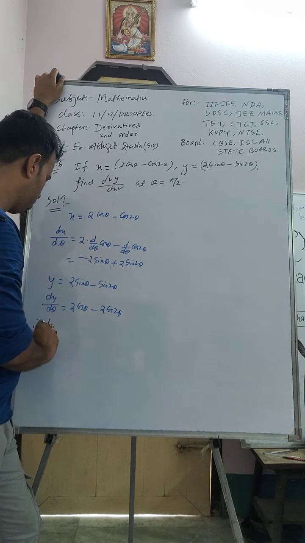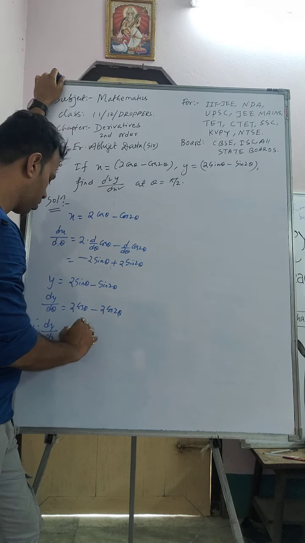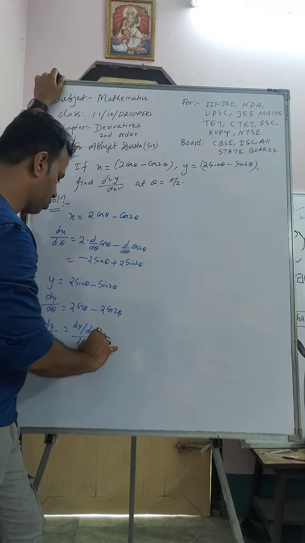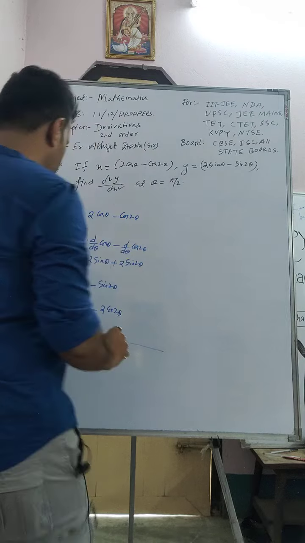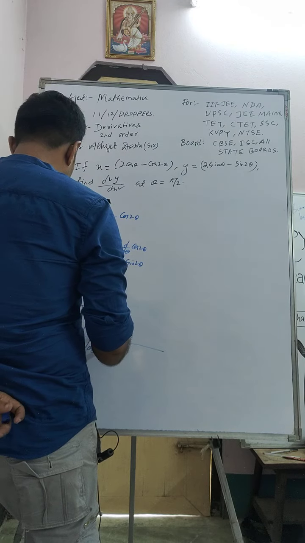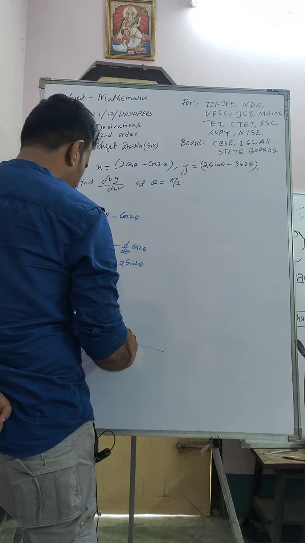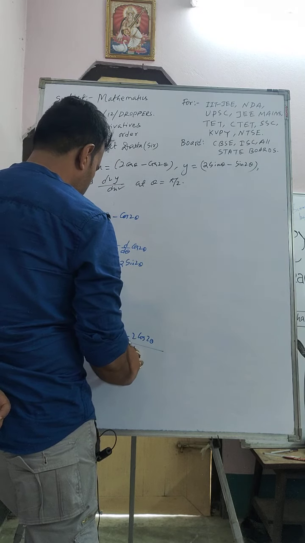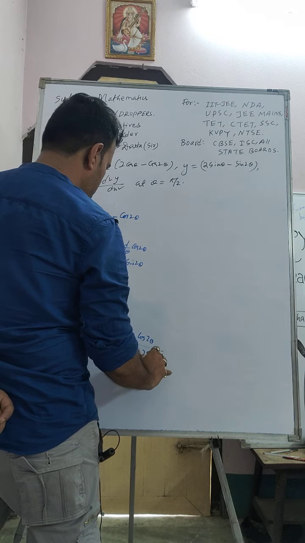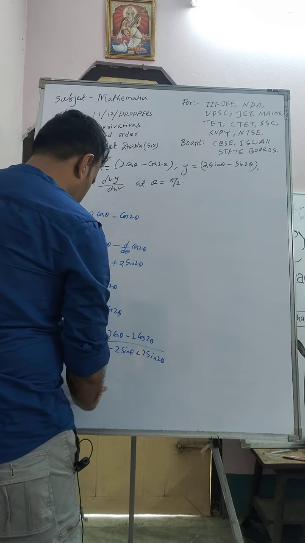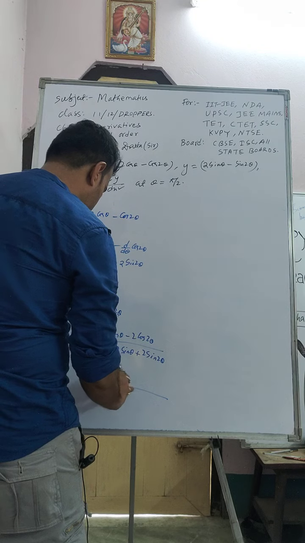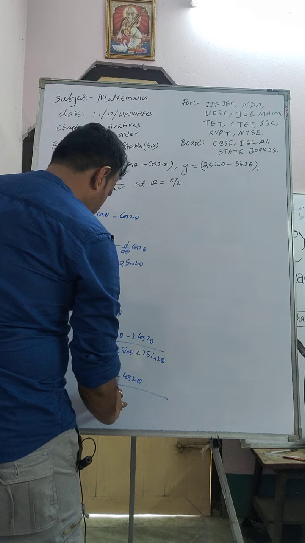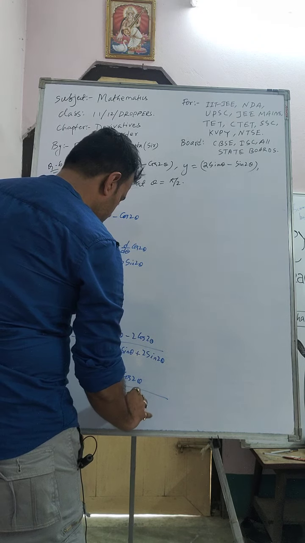Therefore dy by dx equals dy by d theta over dx by d theta. So here it became 2 cos theta minus 2 cos 2 theta over minus 2 sin theta plus 2 sin 2 theta, which becomes cos theta minus cos 2 theta over minus sin theta plus sin 2 theta.